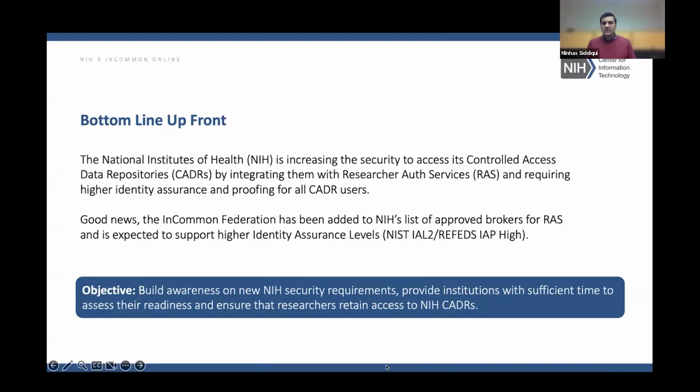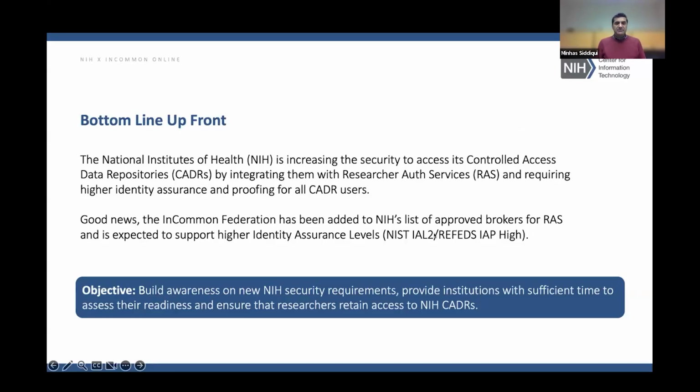NIH is made up of 27 institutes and centers, of which the Center of Information Technology, or CIT, is the one that both Ashraf and I work for, and Sandeep. CIT provides enterprise services for NIH, including IAM services for both our internal workforce and our external researcher user communities.